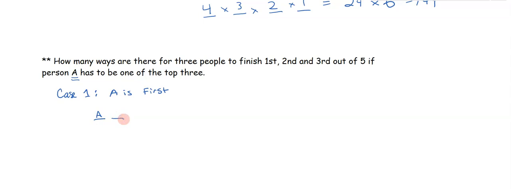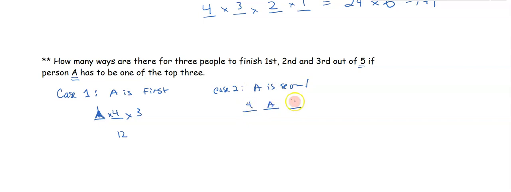How many options do we have for second place? Well, if there are 5 people, we have 4 options because A is already taken. And then we have 3 options. There's only 1 option for first because we chose A to be first. So if A is first, there's 12 different ways that can happen. Case 2, what if A is second? Right? A has to be in second place.